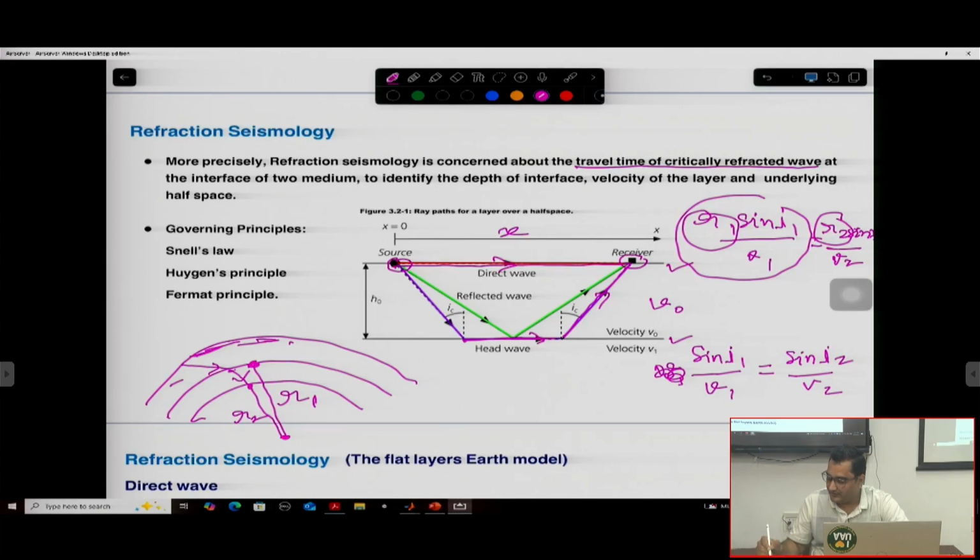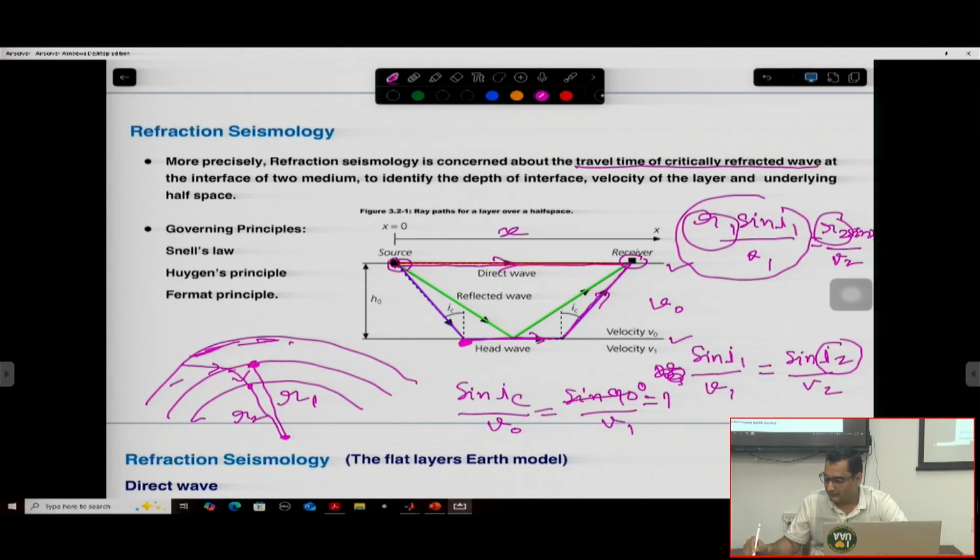In case of a critically refracted ray such as the head wave, the I2 value will become 90 degrees. For example, if you look at this particular point here and apply Snell's law, then sin IC by V0 will be equal to sin 90 degrees divided by V1, and this will be equal to 1.